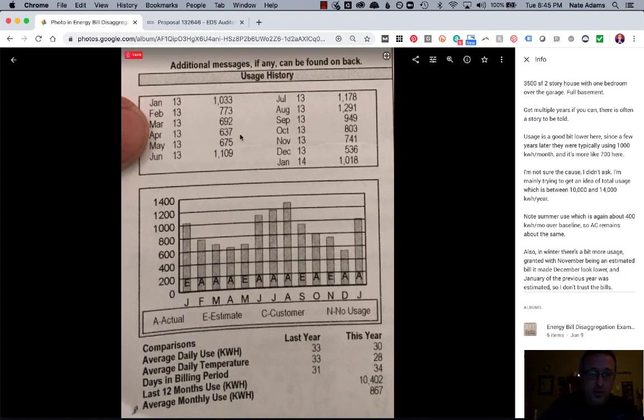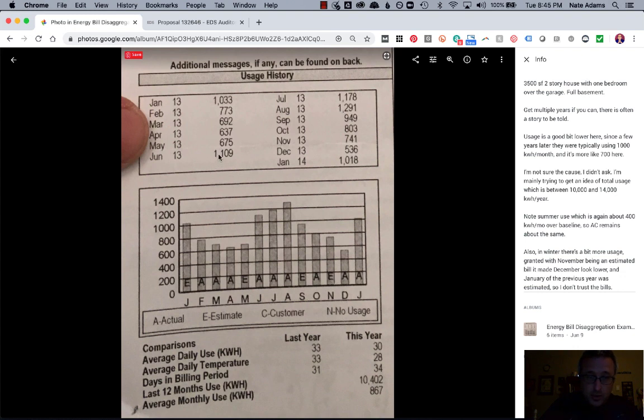So they're in the 700 or 675 kilowatt hour per month range, where they were running more like 1,000 a little bit later. So I don't know all the energy things that were driving that. I didn't really ask. I didn't get into it. It wasn't an objective. And it's not $30 a month. I don't really care. It's not a big deal. But took a look at this.